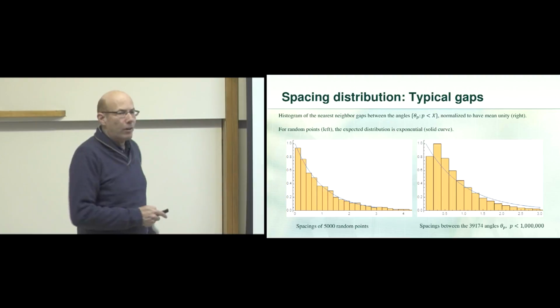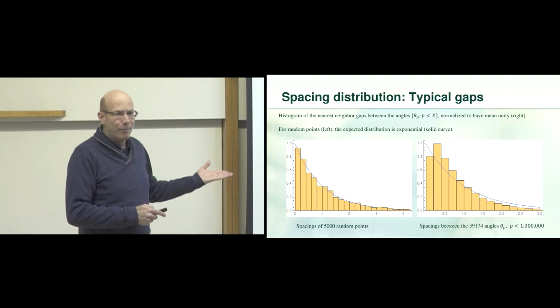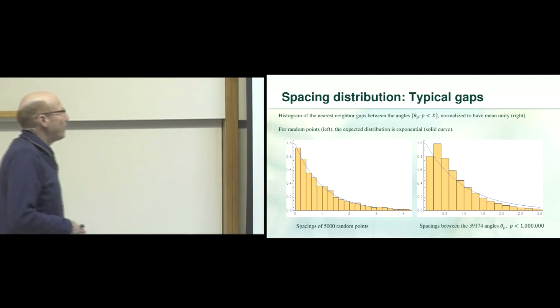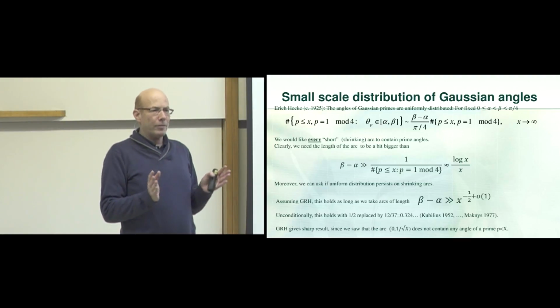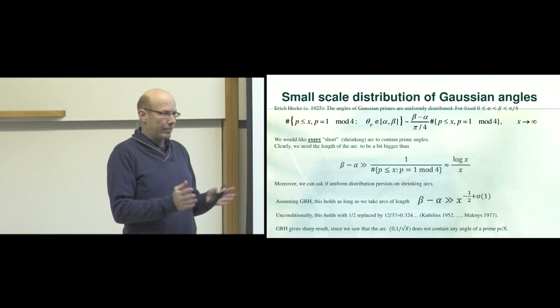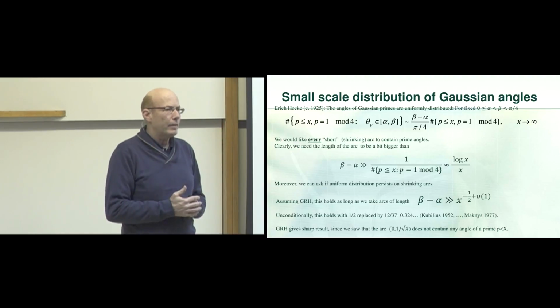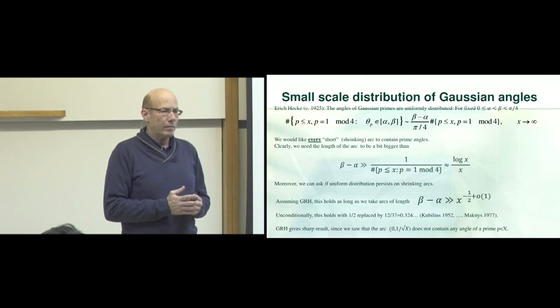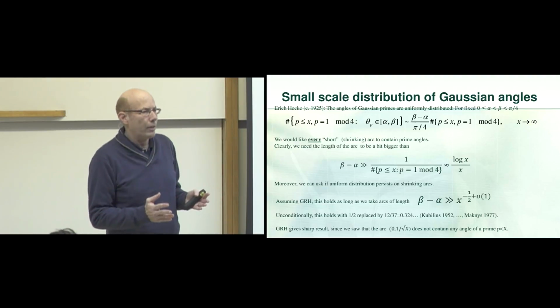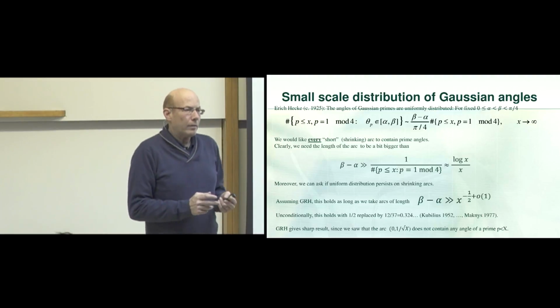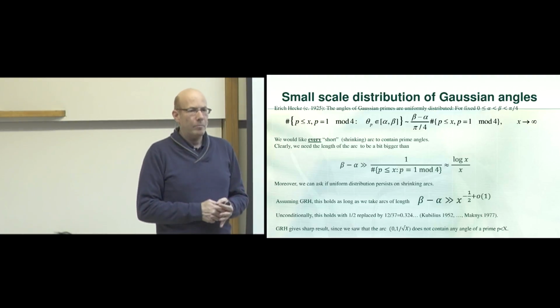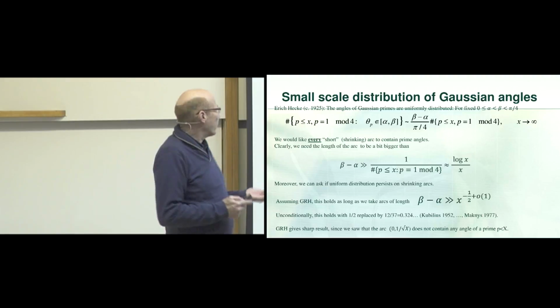Okay, so I have nothing further to say about this, so let's move on and look at something which is slightly easier. So instead of looking at the smallest possible scale, namely the scale of the average gap, I want to look at slightly bigger scales. So instead of looking at intervals of size 1 over n, I want to look at bigger intervals, but which are still shrinking.